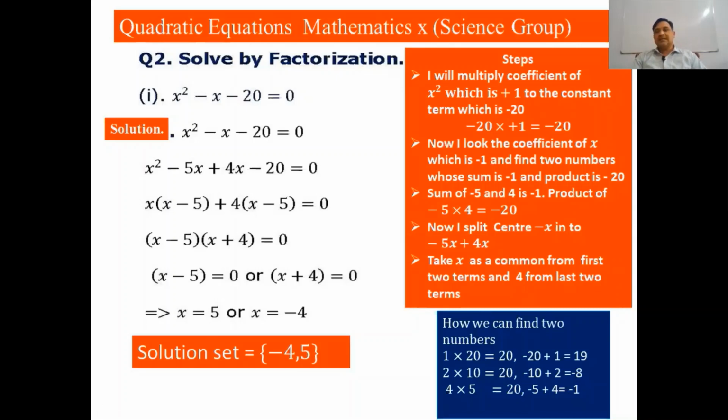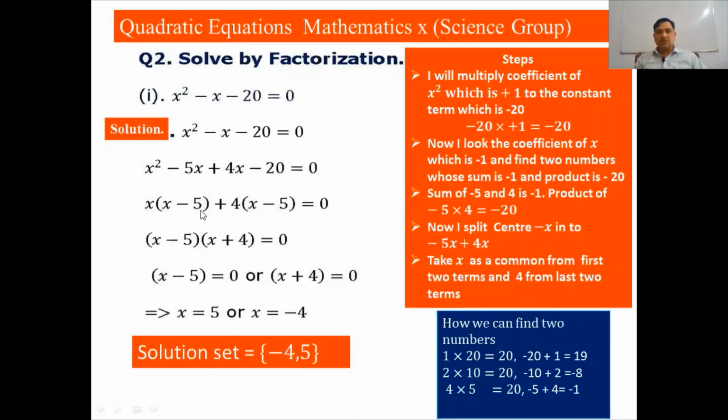Now I split the middle term minus x into minus 5x plus 4x. Here we can take x as common, and in the other two terms we can take 4 as common. So we can write x, x minus 5, and again 4, x minus 5.